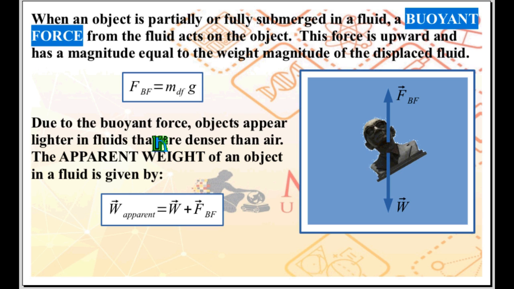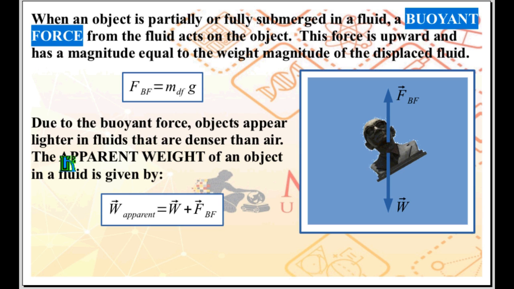And due to the buoyant force, objects appear lighter in fluids that are denser than air. We typically weigh objects when they are in air. Air is a fluid. When an object is in a fluid that is denser than air, the object will appear lighter than it is due to the action of the buoyant force.